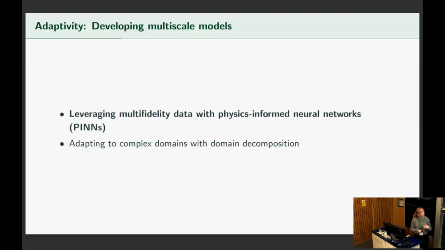The first project that we look at is on leveraging multi-fidelity data with physics-informed neural networks. PINNs are a popular method in the machine learning community right now for solving PDEs.